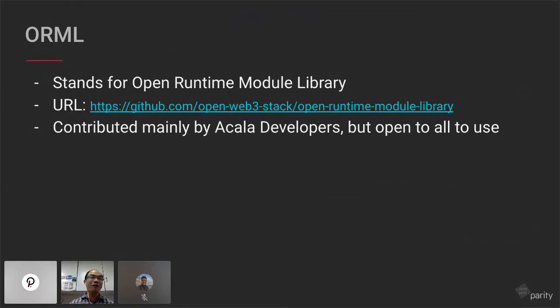ORML stands for the Open Runtime Module Library, and this is the URL to the GitHub. You can click on it and see it by yourself. The libraries are mainly contributed by Acala developers. Acala is one of the major teams in our ecosystem, and they have also won a parachain slot on Kusama. But although mainly contributed by them, it is open for all of us to use.